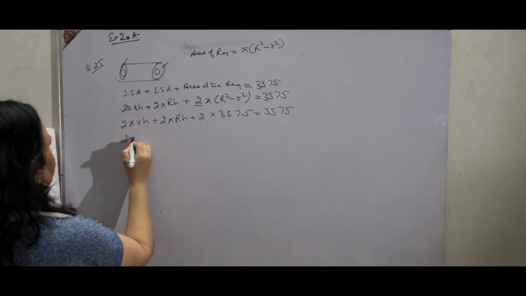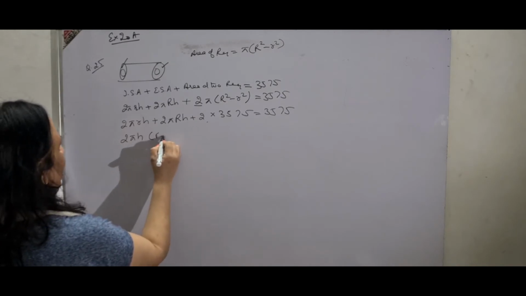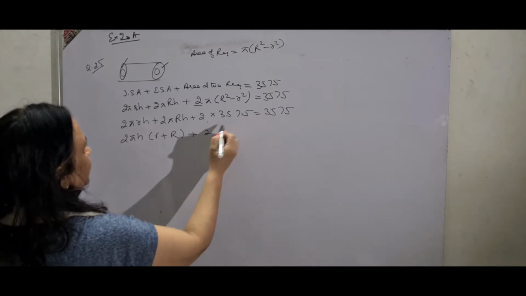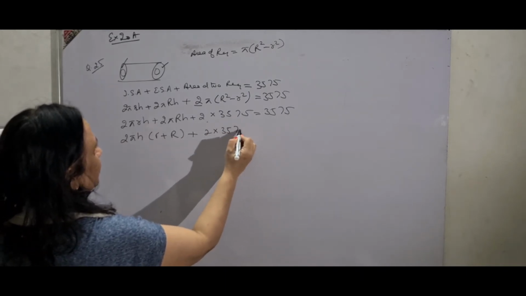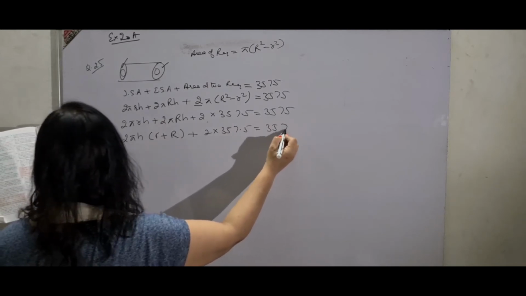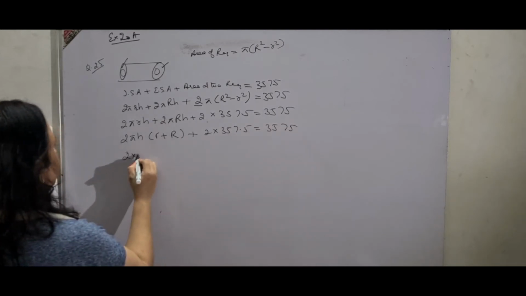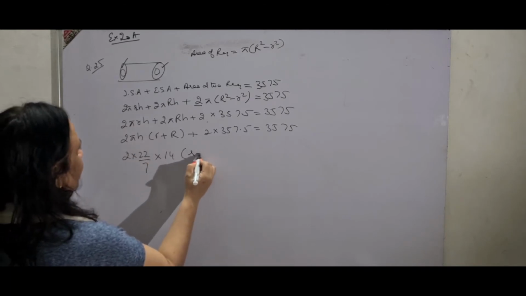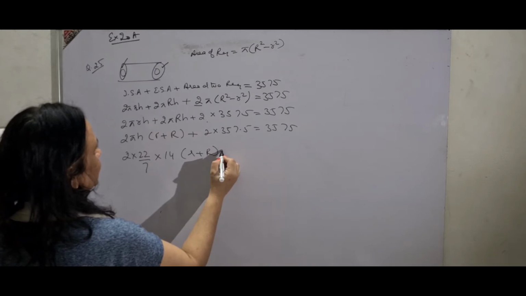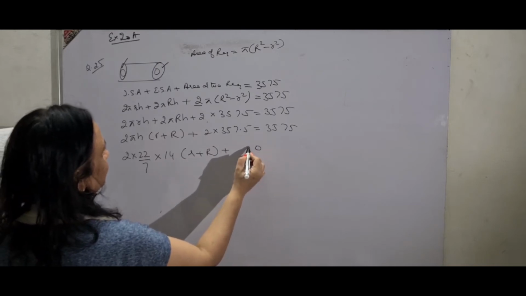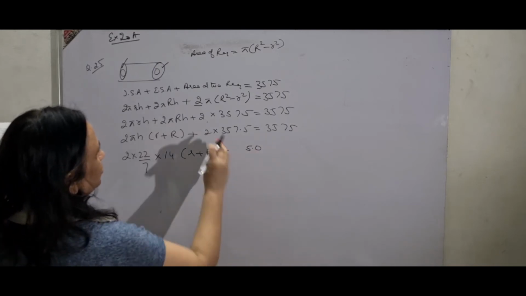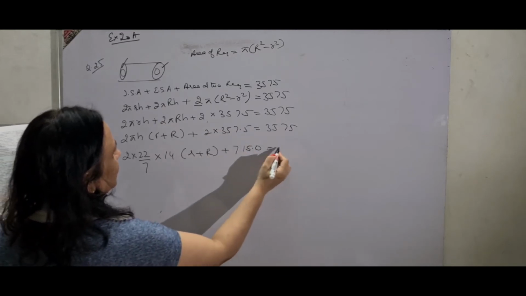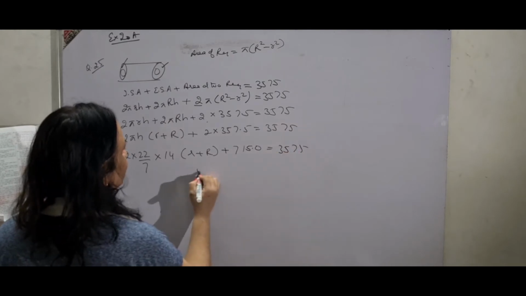So you take 2 pi h common, R plus r into 2 into 357.5 is equal to 3575, or 2 into 22 upon 7, h is given to be 14, and R plus r you have to find. So this is the answer. 2 7s are 14, 2 by the 10, 11, 1, 2 3s are 7 and 15 is equal to 3575, and the rest are calculations.